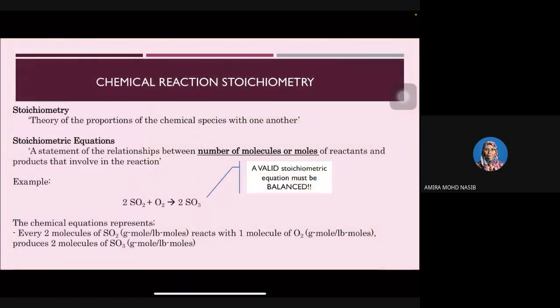So basically, we are going to learn a lot about chemical reaction stoichiometry. What is stoichiometry actually? Stoichiometry is the theory of the proportion of the chemical species with one another, meaning you have proportion between reactant and product.